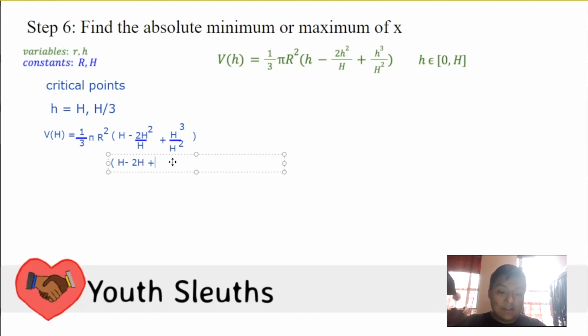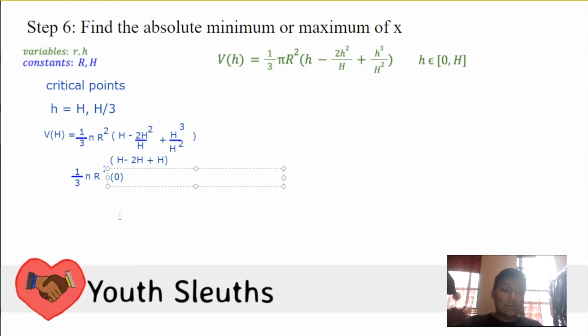So we have big H. Now we bring down the 1/3 pi R squared, and inside the parentheses, big H minus 2 big H is negative big H, and negative big H plus big H ends up being 0.